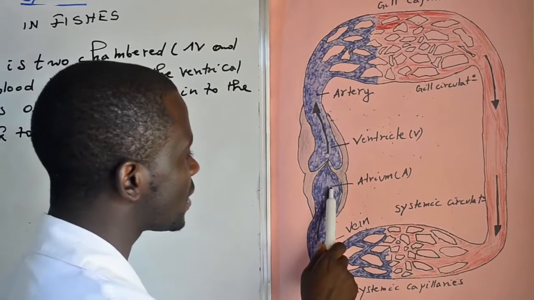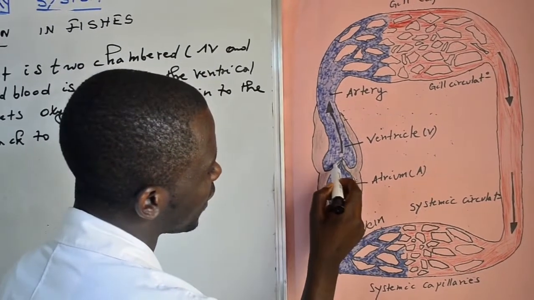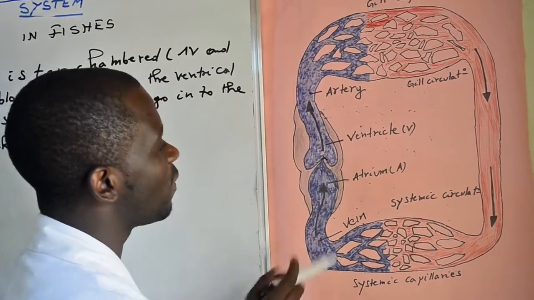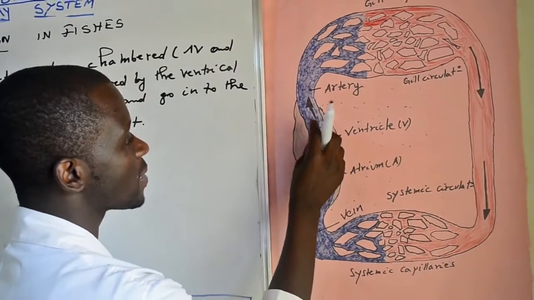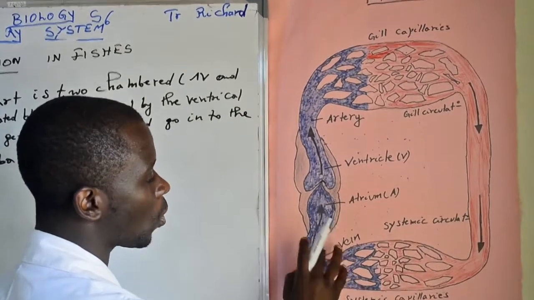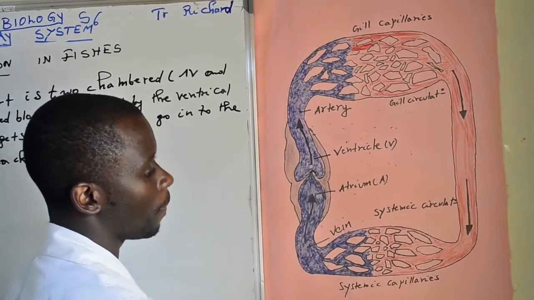From the atrium, this valve opens so that blood is filled into the ventricle. The ventricle once again pumps blood, and the blood makes the whole cycle.